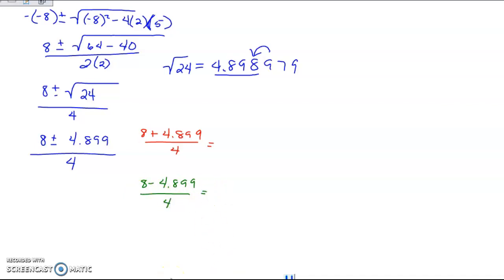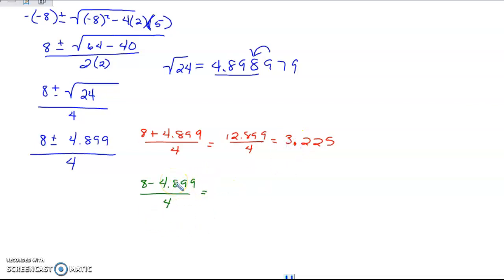So if I take 8 plus 4.899, I get 12.899 divided by 4, and we get 3.2247, so that's going to round to 3.225.